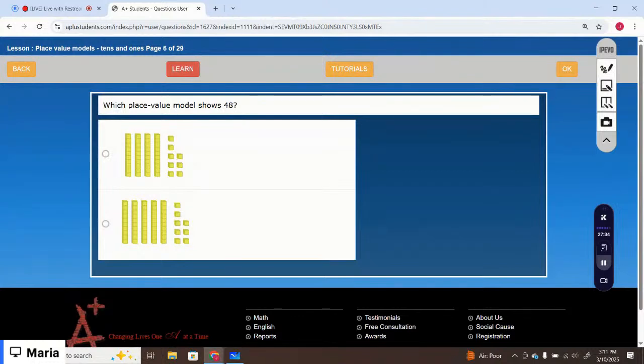Which place value model shows 48? So, which is the correct option?